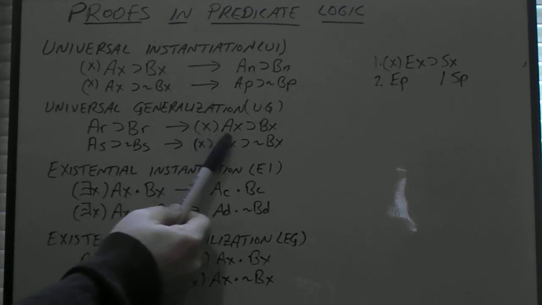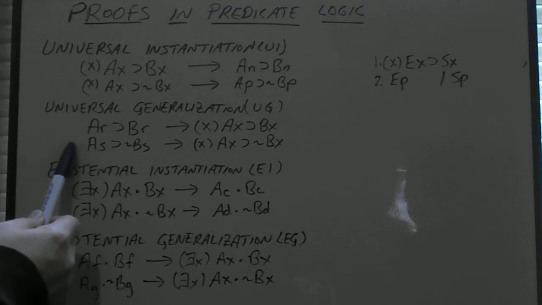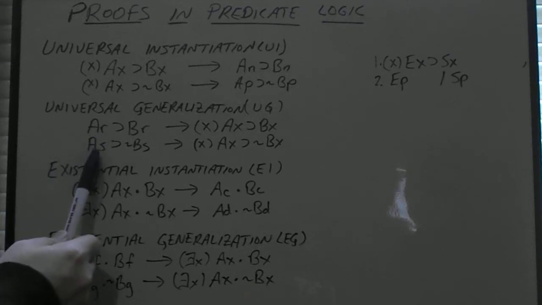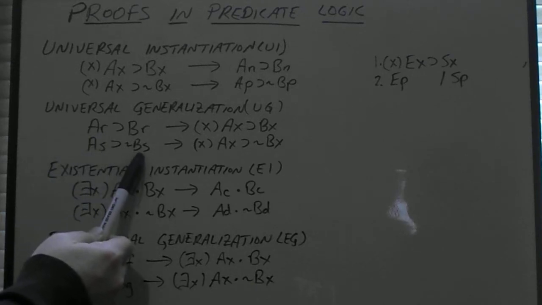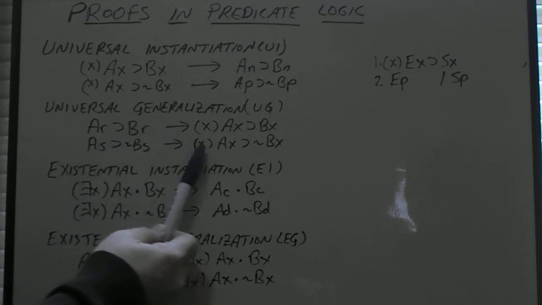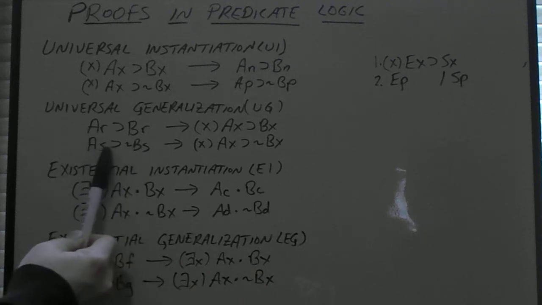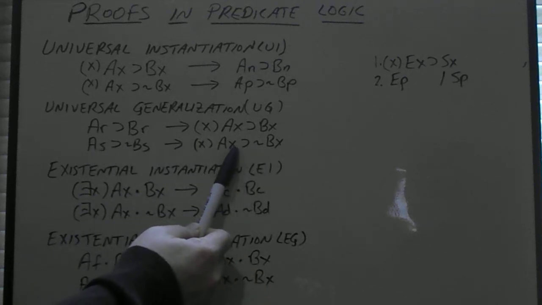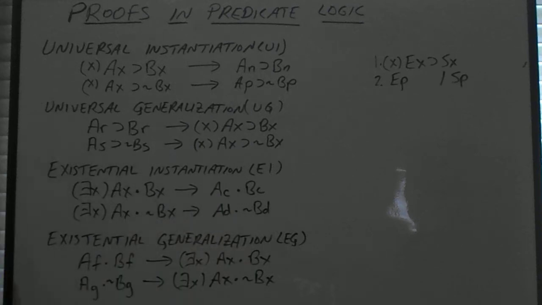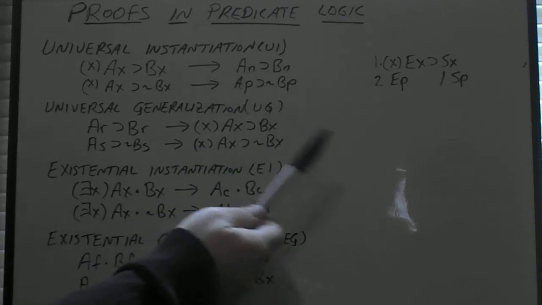So for every x, if x is an A, then x is a B. And the same thing again with the universal negative. If you have, for example, As, then not Bs, to make a universal generalization, you're going to add the universal quantifier, the x, and you'll replace the s with x. So you'd have, for every x, if x is an A, then x is not a B.